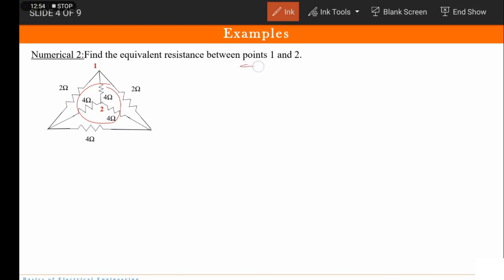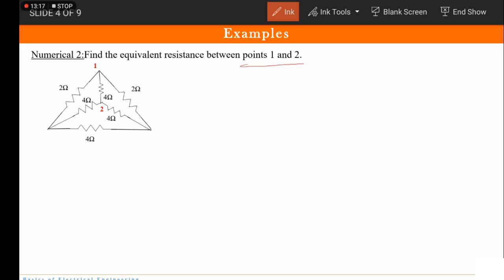Because they have asked us to calculate the resistance between point 1 and 2, right? So I cannot do anything with a resistor which falls between these 2 points. So actually I cannot do anything with the internal star connection.